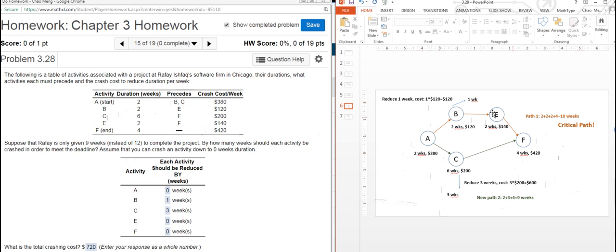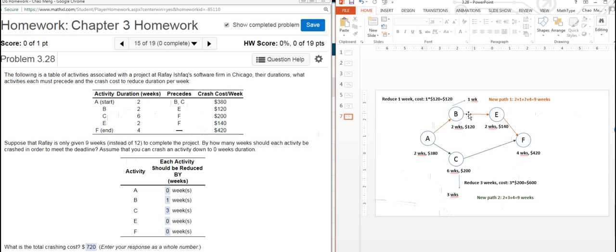After we have reduced 1 week from activity B, the new path takes 2 weeks plus 1 week plus 2 weeks plus 4 weeks, which is 9 weeks.